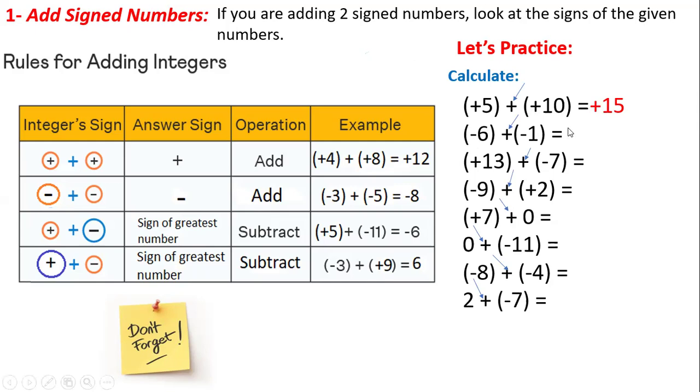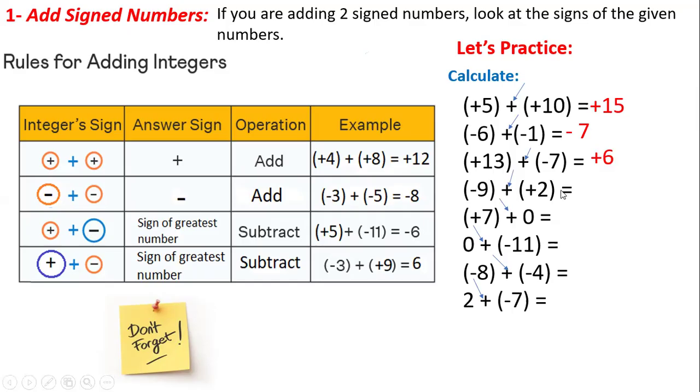Negative plus negative, my answer will be negative and I add 6 plus 1 is 7, so minus 7. Plus 13 added to minus 7, a positive with a negative. Who's the greatest, 13 or 7? Of course, it is 13. Since the sign of 13 is positive, my answer will be positive and I subtract, so my answer will be positive 6, since 13 minus 7 is 6.